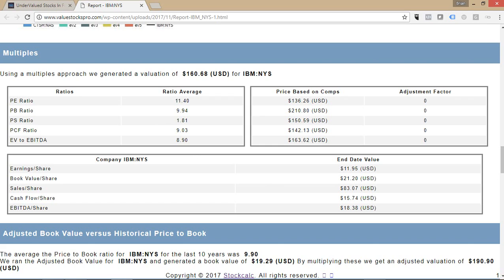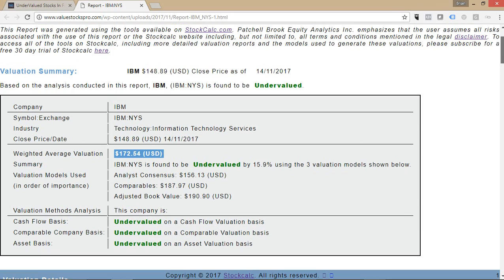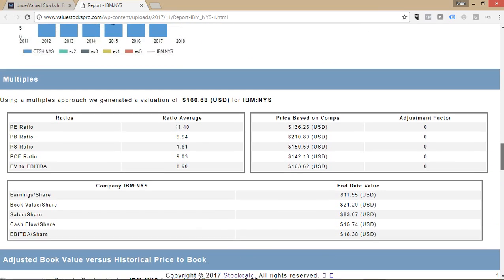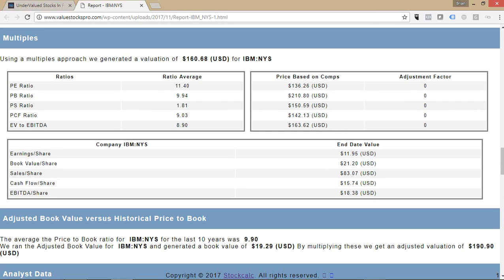And generally what this tells us is whether we think the company is under or overvalued compared to itself over the last 5 years. So we see that if we go back up to the price at the top here, IBM is at $149 approximately. And on a multiple basis, it's at $160. So it's saying that IBM is still actually cheap compared to itself over the last 5 years.